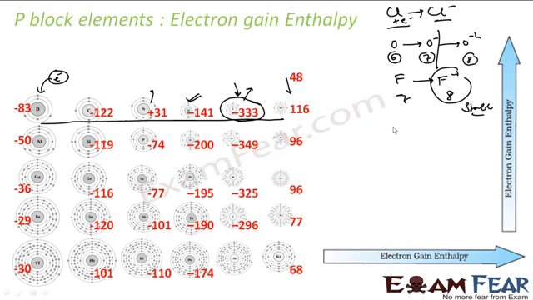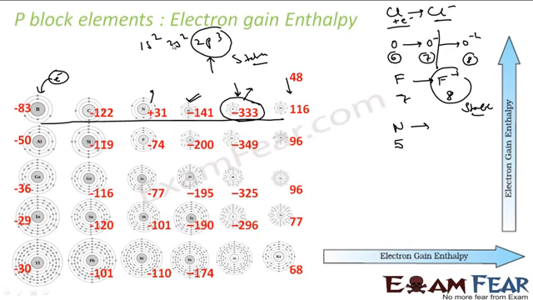Why nitrogen? Nitrogen has 5 valence electrons. If you talk about the electronic configuration, 1s2, 2s2, 2p3, this outermost is half filled. Half filled means it is stable. So if it accepts one electron, it becomes 2p4, which is not much stable.